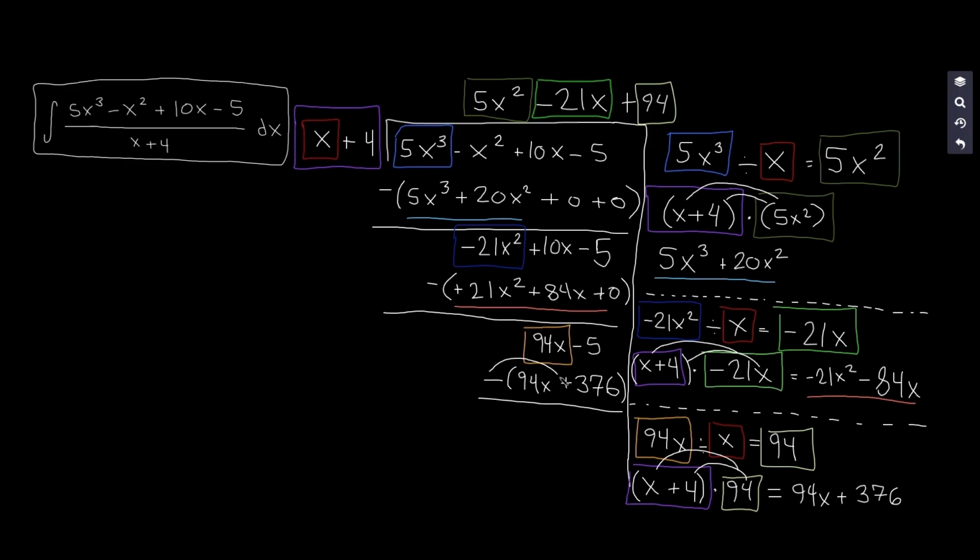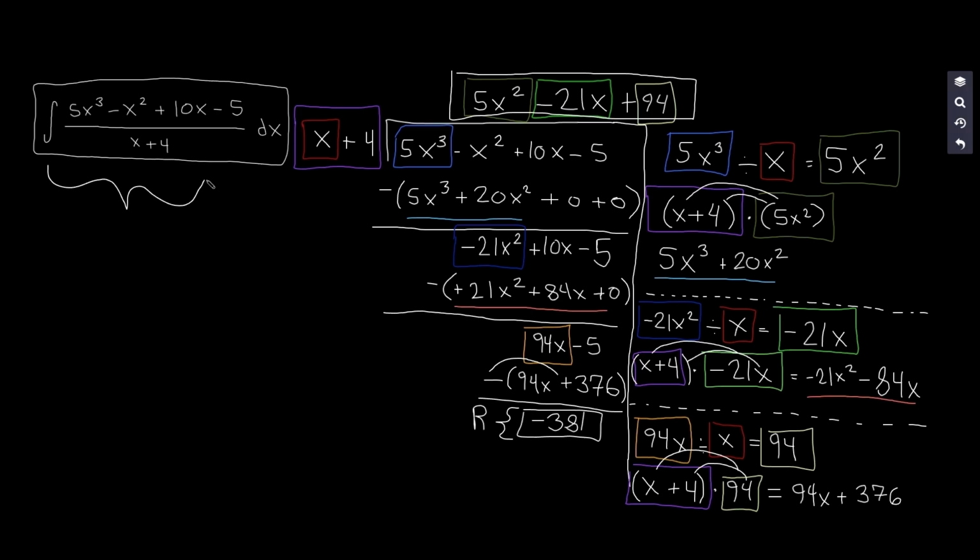We'll distribute this negative sign to 376. So we'll have negative 5 minus 376. The answer to that is going to be negative 381. So the answer to this long division is going to be 5x squared minus 21x plus 94, with the remainder being negative 381. But what does this mean for our setup?